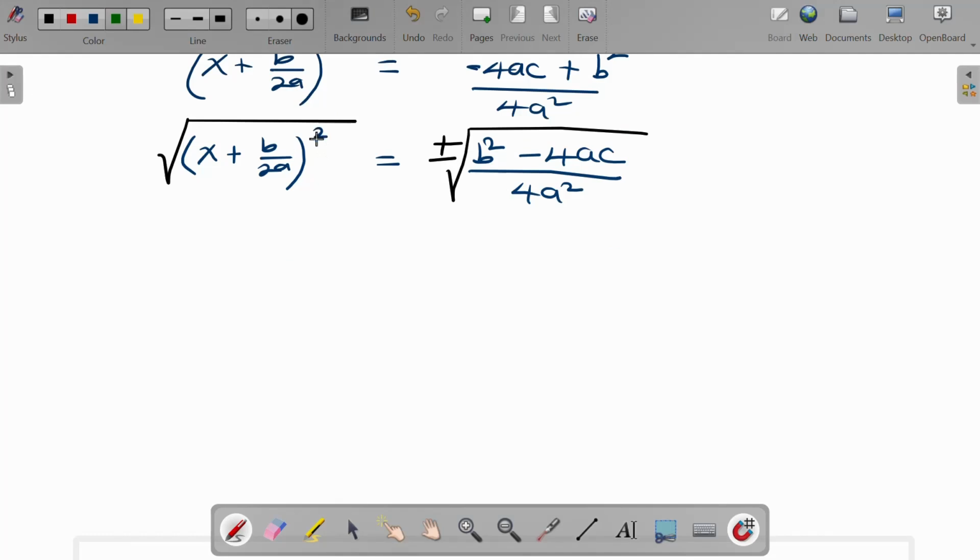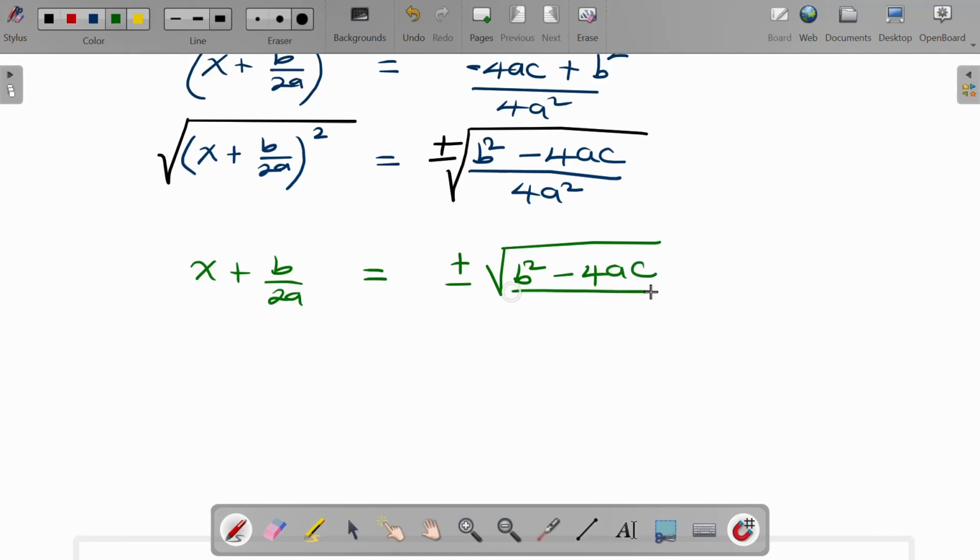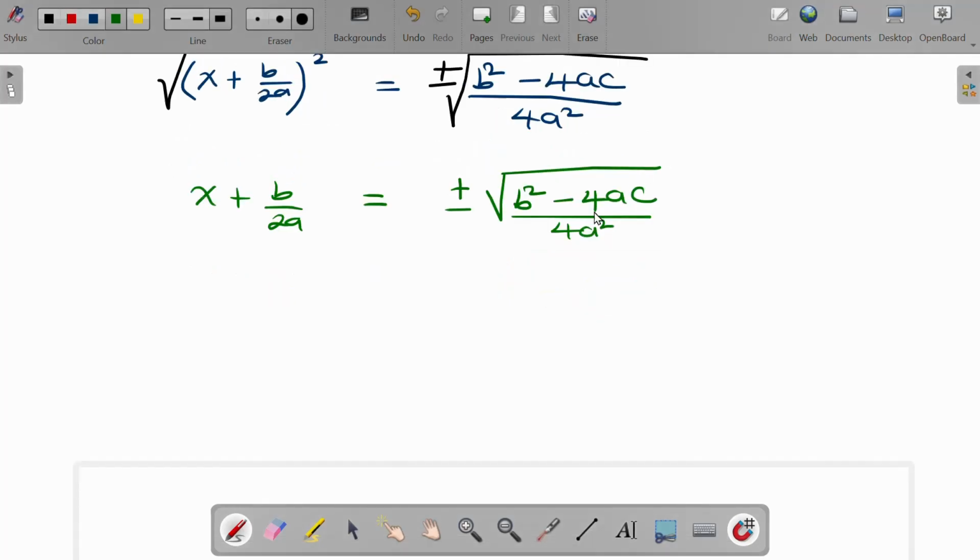This square root cancels with the square, so we are going to have x plus b over 2a equals plus or minus the square root of b squared minus 4ac over 4a squared. We have the numerator, which is b squared minus 4ac, and then the denominator, but the whole of it under the square root.